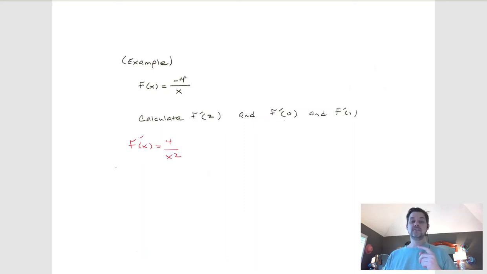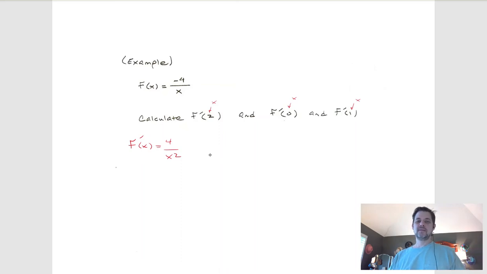Here's the function. It tells me what y is if you tell me what x is, and this is the derivative. It tells me how y and x change together. All right. So that's the derivative, and apparently it's got an x in it, so if you plug in x to be 2, or 0, or 1, you'll get different numbers.